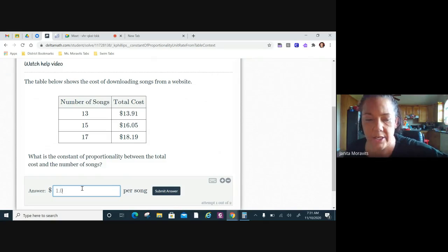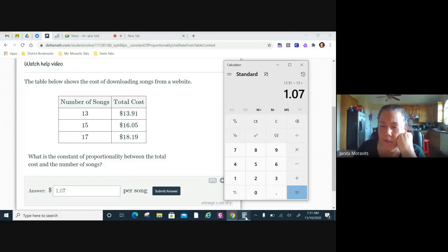And then let's check it with the others and make sure that we're right. $16.05 divided by 15, $1.07. All right, so far so good. Let's check the last one. $18.19 divided by 17. $1.07. So let's submit our answer.